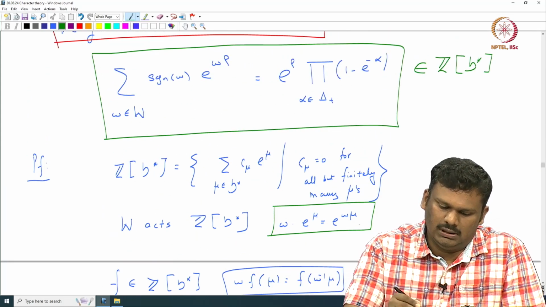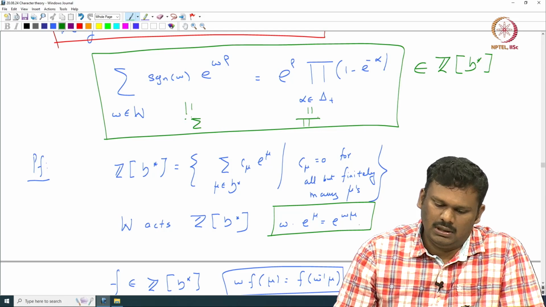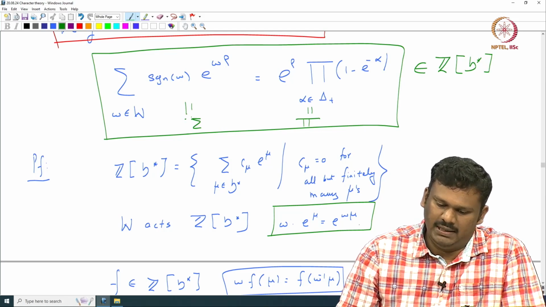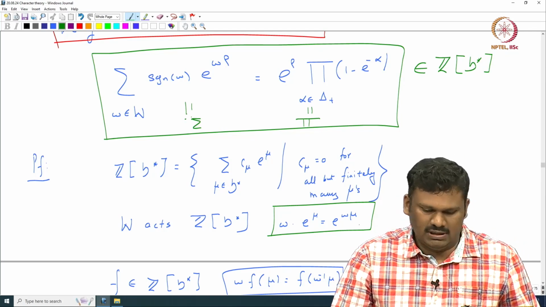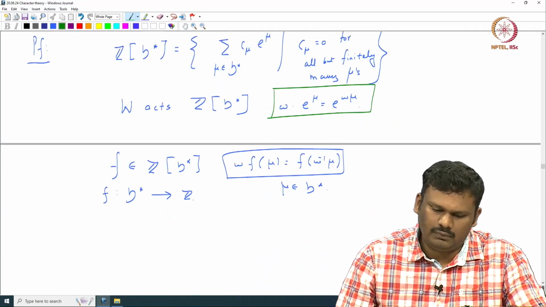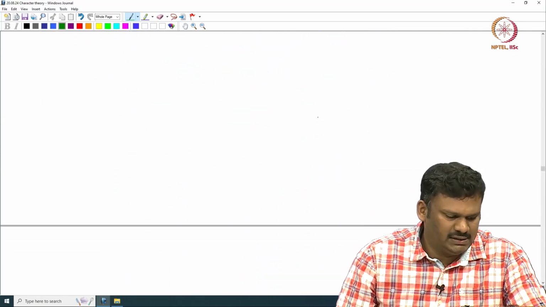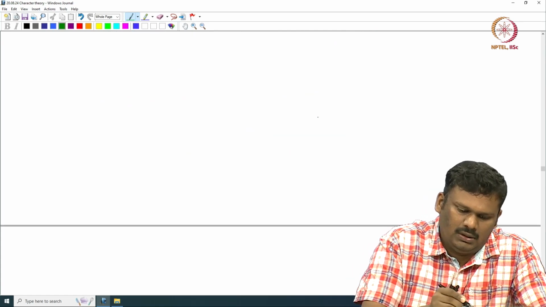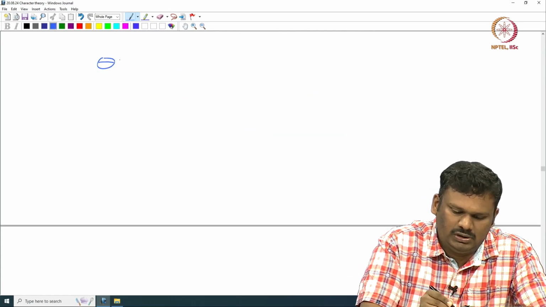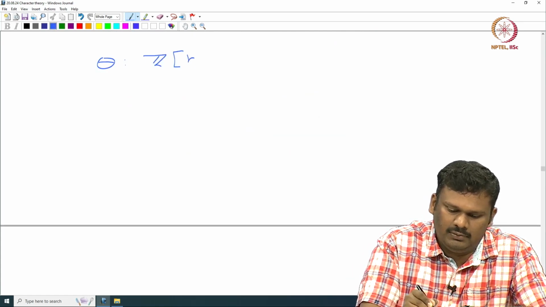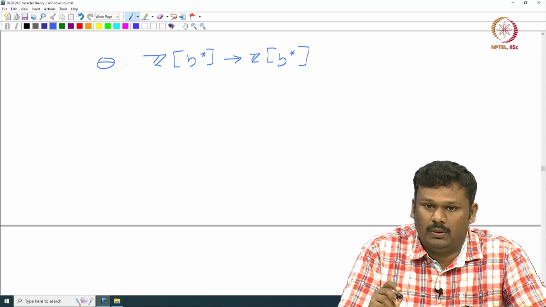Now we take this to be the sum side, sigma, and this to be the product side, pi. We are going to make some observations about both of them. We can define the following operator, let us call it theta, from Z H star to Z H star. This is the alternating operator.